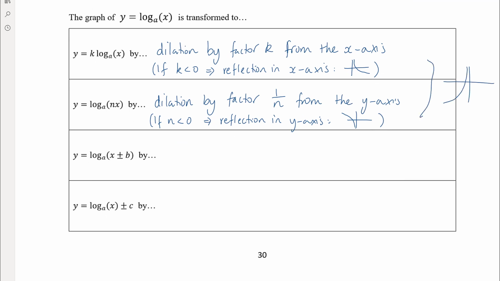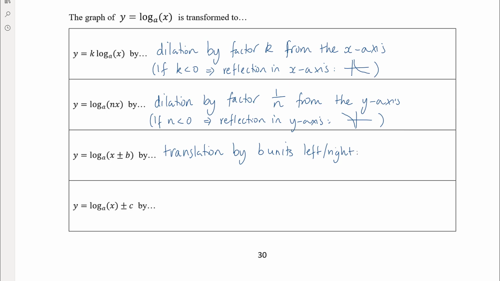Okay, so again, the first thing I want you to think about, like we talked about with the exponentials, is which direction is my curve going, and then what are my translations, where are my x and y intercepts. Okay. So log base a of x plus or minus b has been transformed to that by translation by b units left or right.